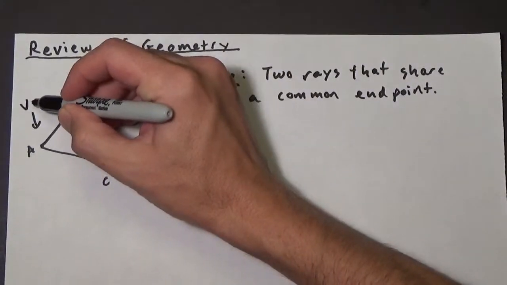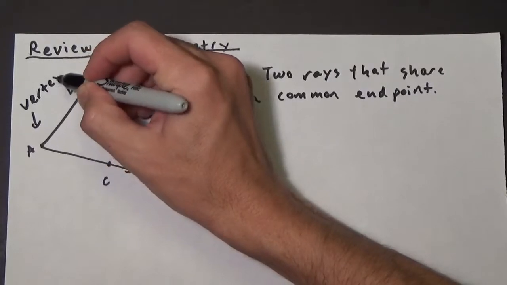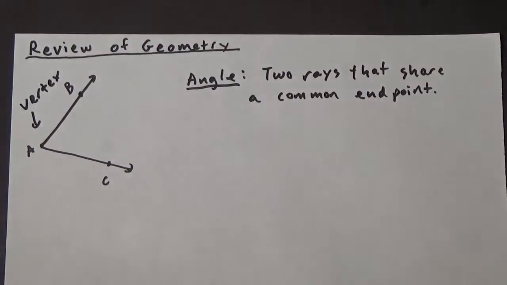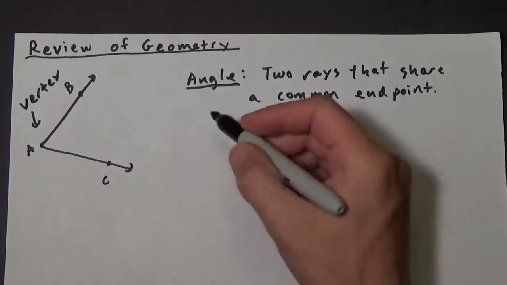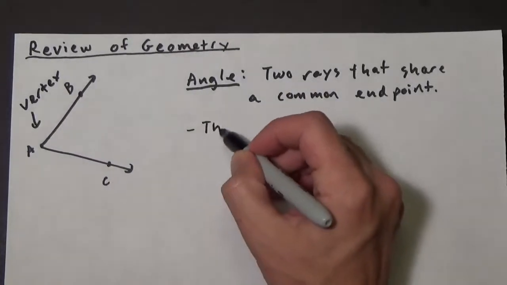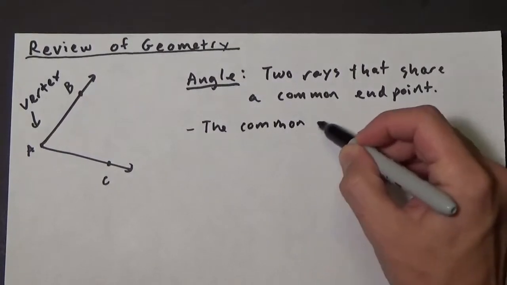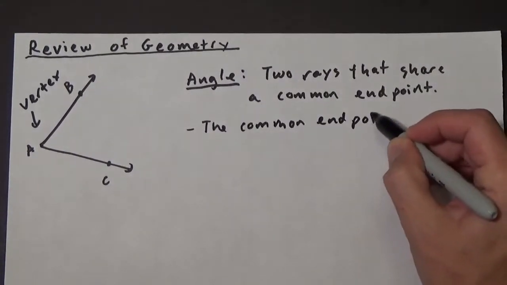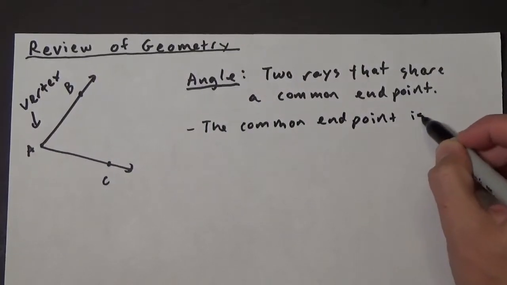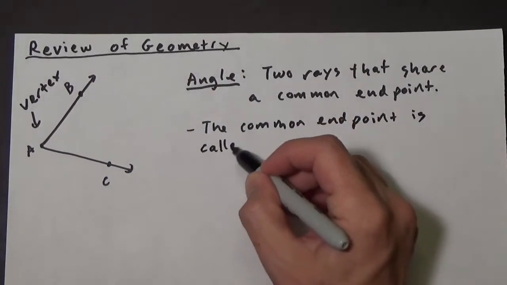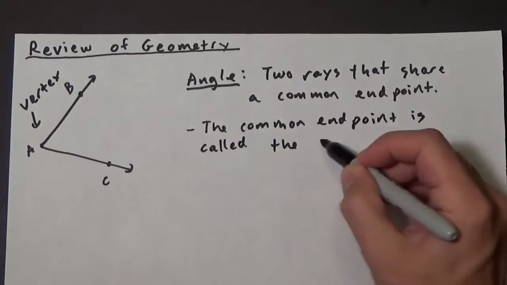This is the vertex, which we also use to name other things, such as the vertex of a parabola and of an absolute value function. So the common endpoint is called the vertex.